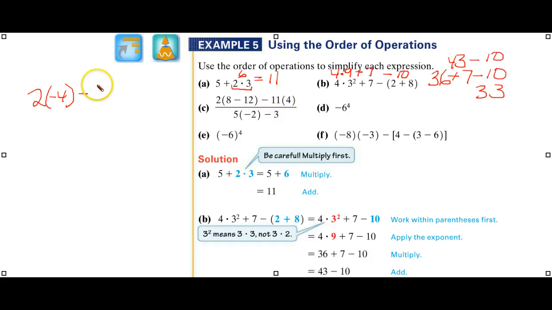This is a 44. And then here we're going to do this multiplication. This is a negative 10 minus 3. So I can convert this to a negative 8 here, save us some room.